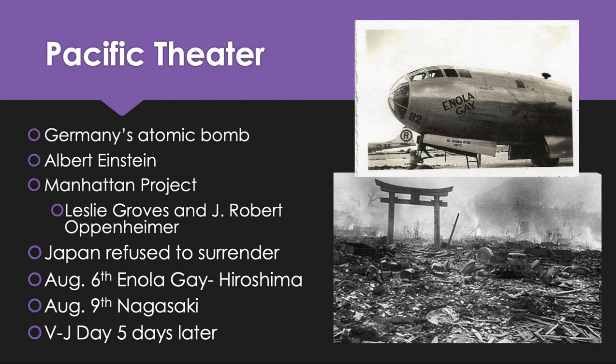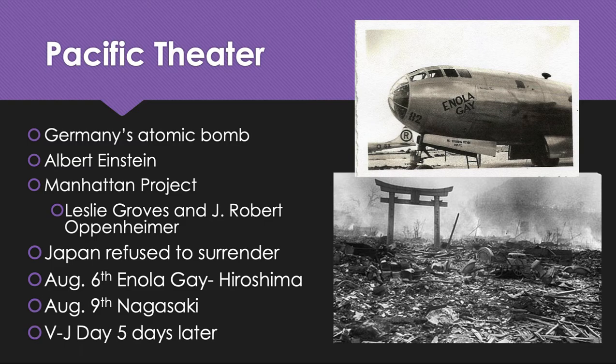With no surrender agreement in place, August 6th of 1945, the Enola Gay bomber plane is going to drop the Little Boy bomb over Hiroshima, and what we see after that is unprecedented destruction and death of an area of 5 square miles.